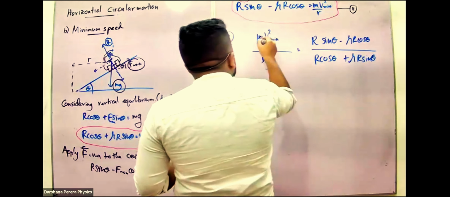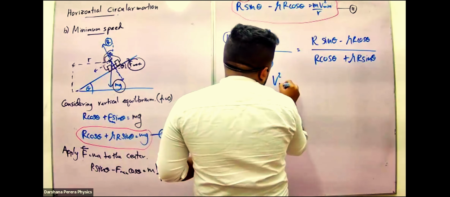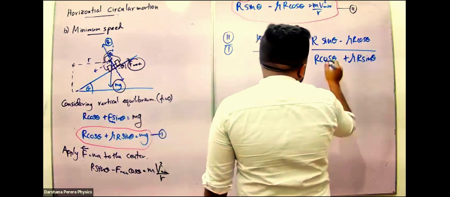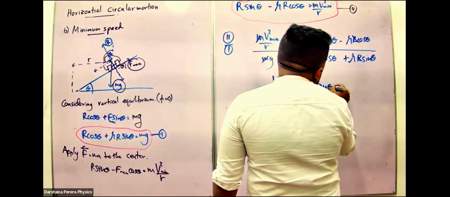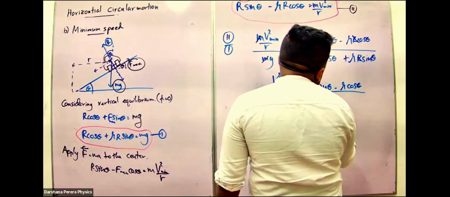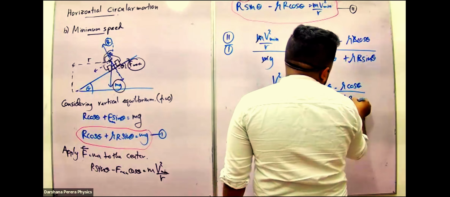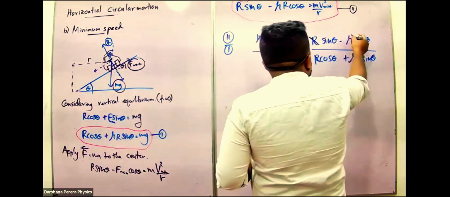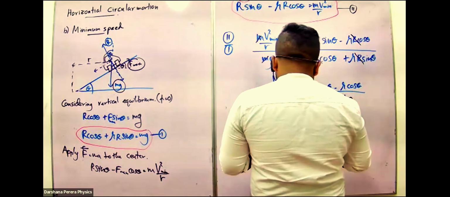Right? m cancels out. v square min over gr equals (sin theta minus mu cos theta) over (cos theta plus mu sin theta), R is cancelled out.